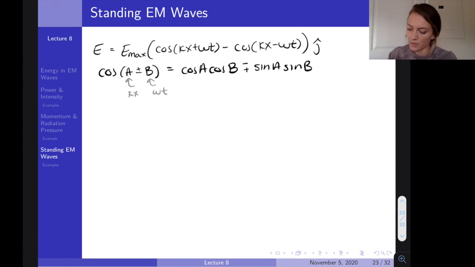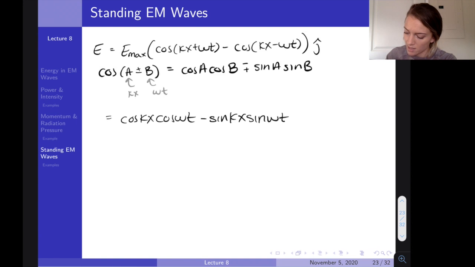Let's be careful with all our negative signs. I'm going to ignore E max for now, just so that we don't get confused, and just look at the cosines. For this first term, cosine A is kx, cosine B is omega t, and we're going to have minus sine kx sine omega t.